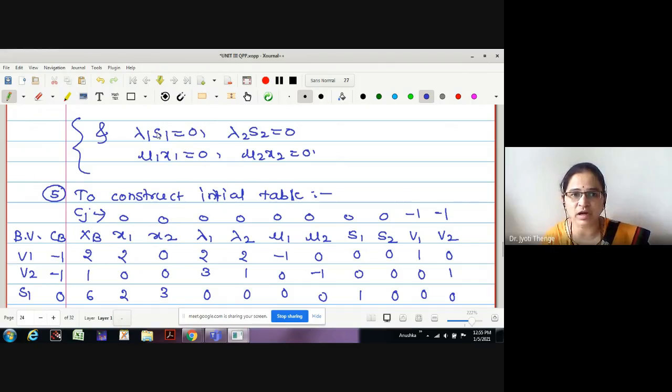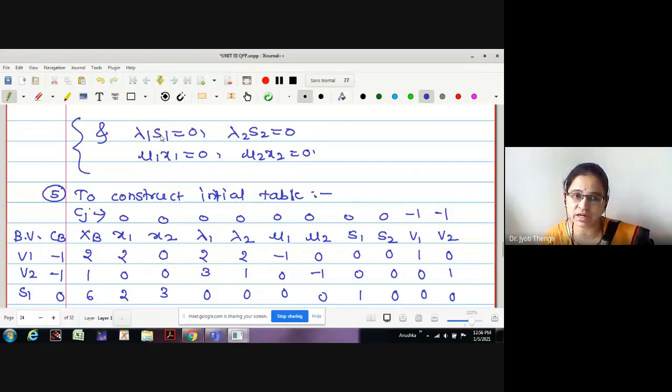As the product lambda 1 S1 is 0, one of the values is always 0. Rather, I can say one of them must be a non-basic variable. If lambda 1 is in the basis, S1 cannot enter. If lambda 2 is in the basis, S2 cannot enter.